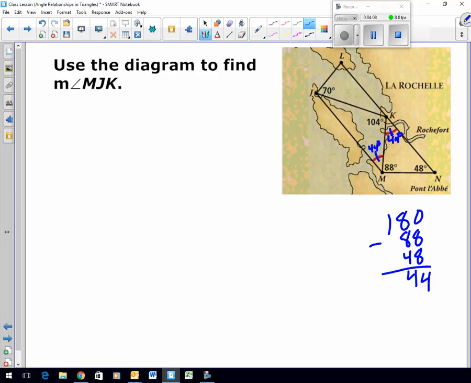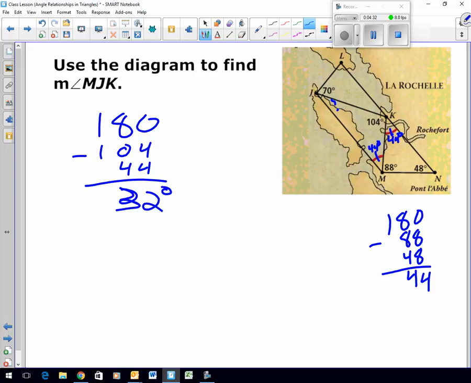So now, if I ask, what's that angle measurement? You probably still can't see it. I got 104 and 44 as angle measurements. Take 180, subtract out 104 and 44. 32. I was thinking that, I did it in my head.